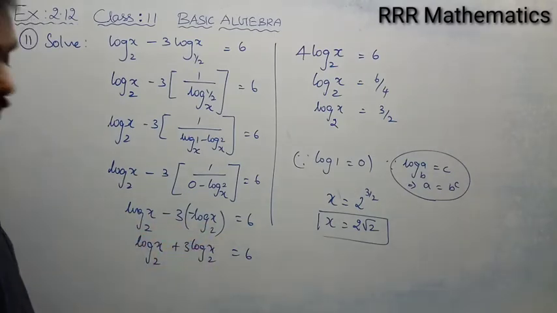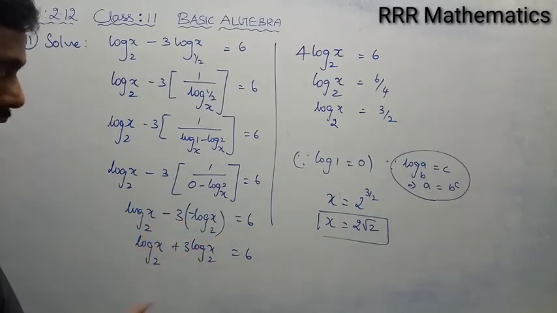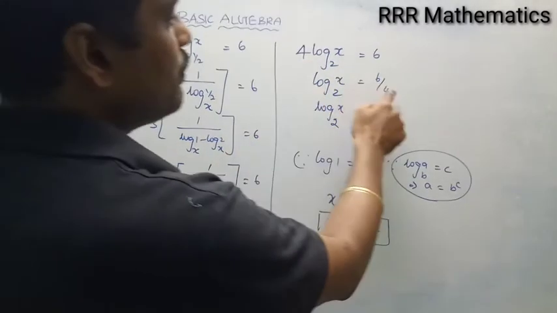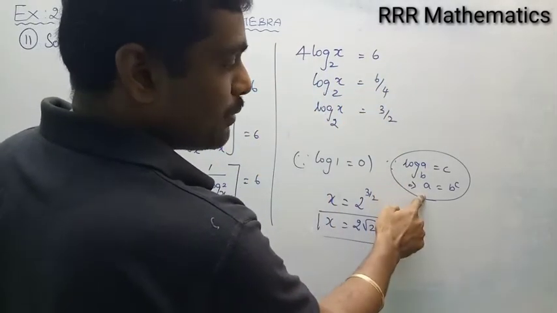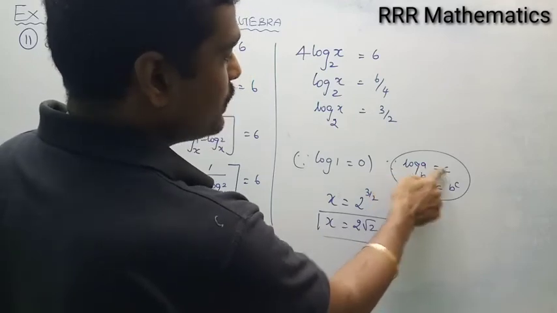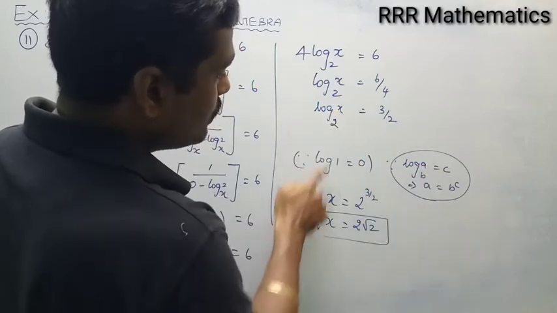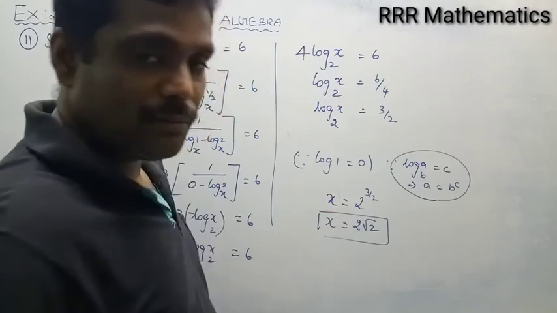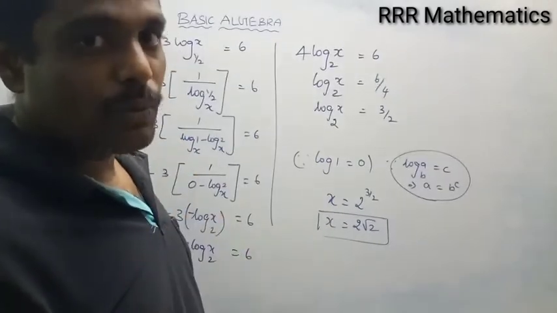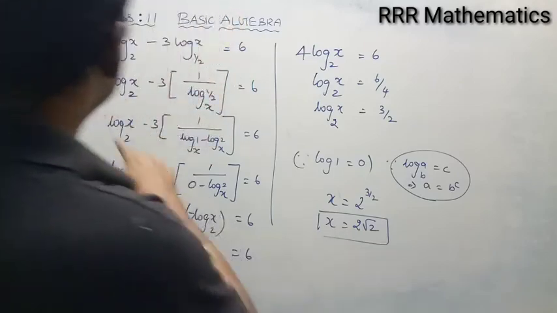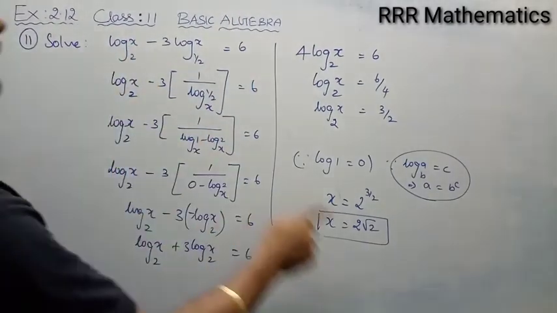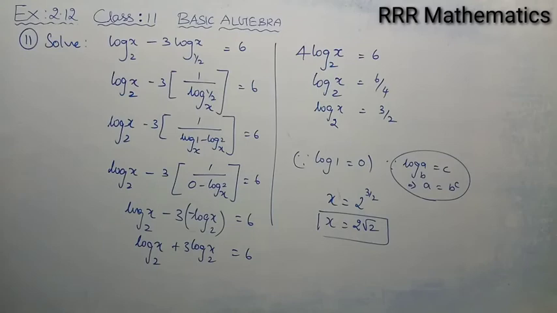These two become like terms, so minus into minus is plus 3. When you add, 4 times, the 4 will come down, 3 by 2. I am writing the logarithmic to exponential property, a equal to b power c. Similarly, x equal to 2 power 3 by 2. 3 by 2 is 1 and a half, 2 power 1 times 2 power half, that is 2 root 2. So when you simplify, finally the value of x is 2 root 2. Is it clear?